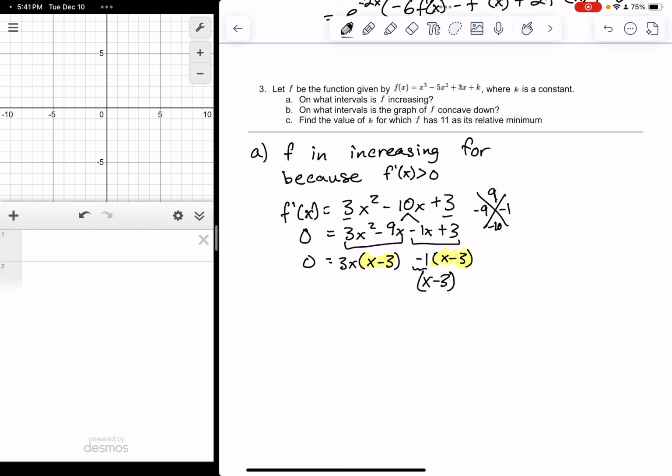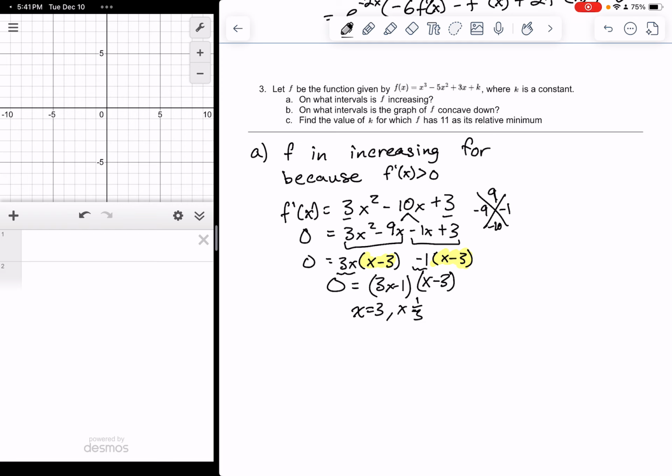And what's going to be left over then? The 3x minus 1 equals 0. And this helps us so we can set each of those things equal to 0, and we would find out that x equals 3 and x equals 1/3 from those two factors.